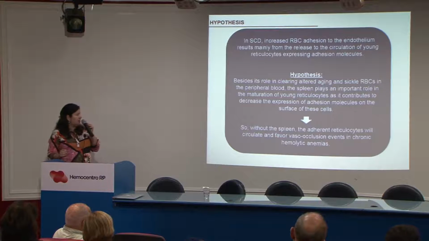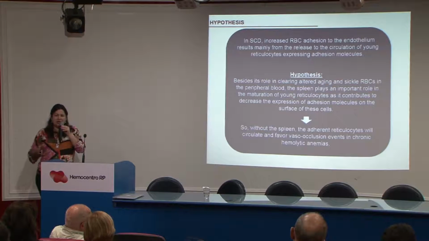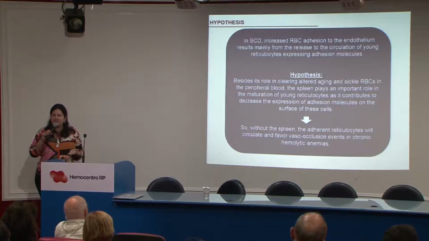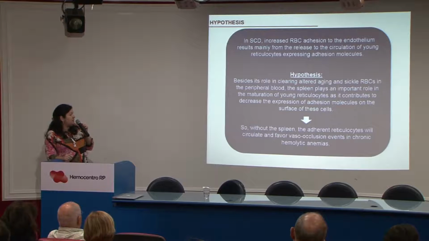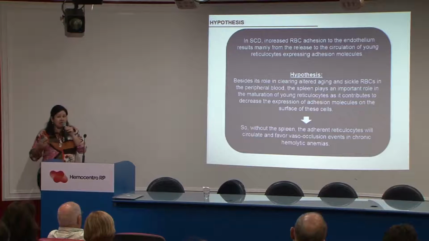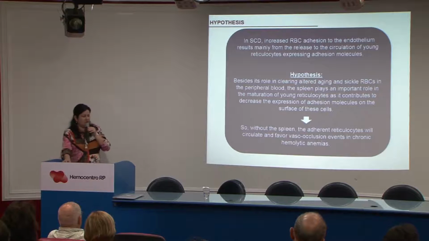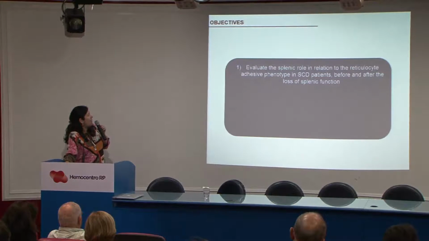So, without the spleen, which happens in the majority of sickle cell patients after 1 to 2 years old, the adherent reticulocytes will circulate more and favor vaso-occlusion events in chronic hemolytic anemias.